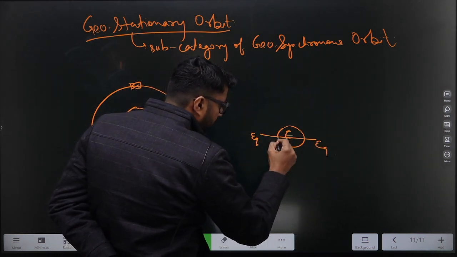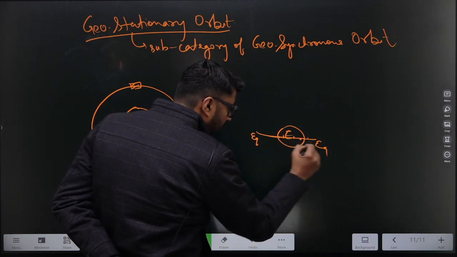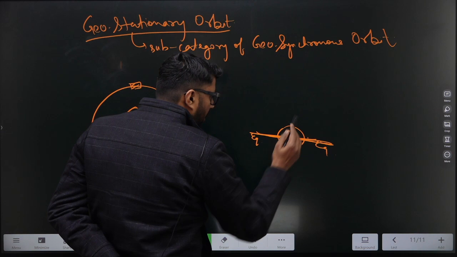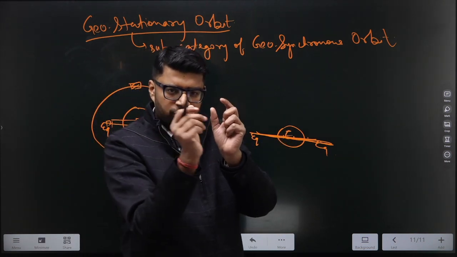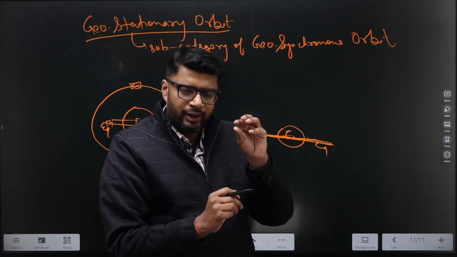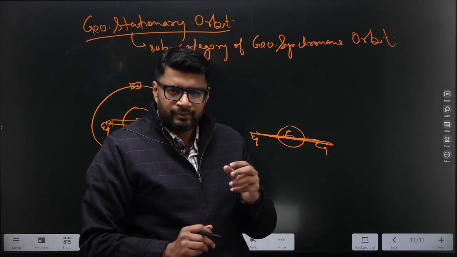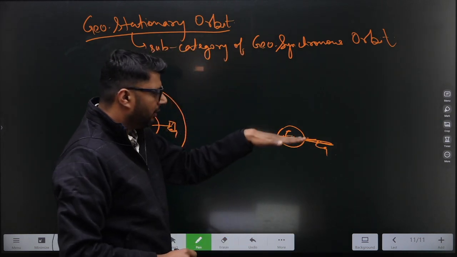Earth is rotating, and the satellite is also rotating with the rotation time of the Earth. If we analyze the equator, placed on the equator, stationary means one particular location.